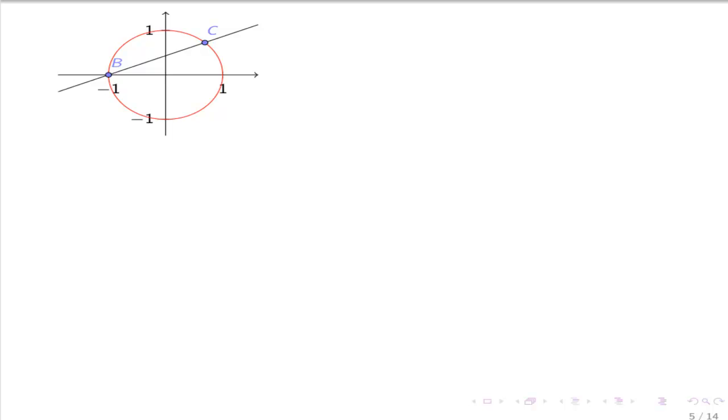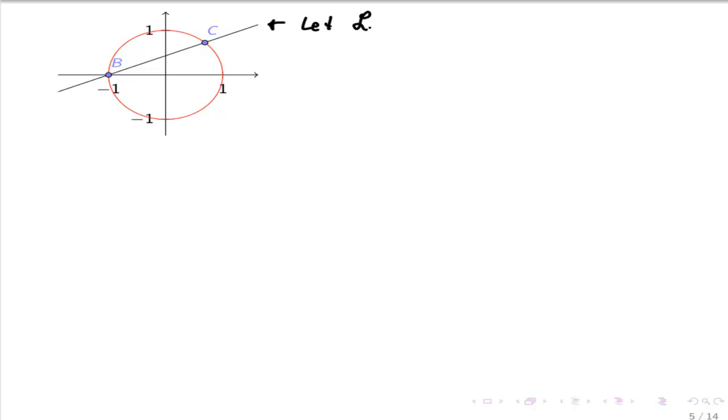Okay, so I've drawn the unit circle here, and I've drawn a line going through the point -1, 0, call that point B, and it will intersect the circle at some point C right here. So let's say that this line has slope m.